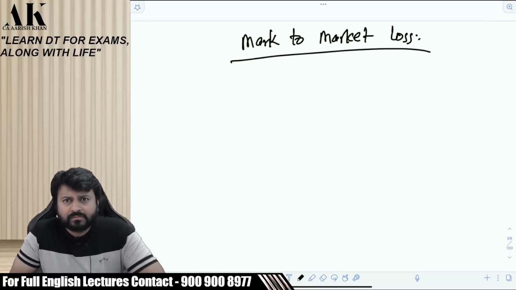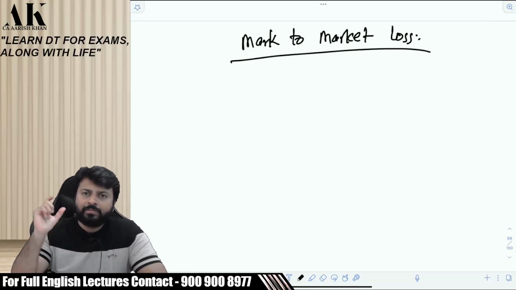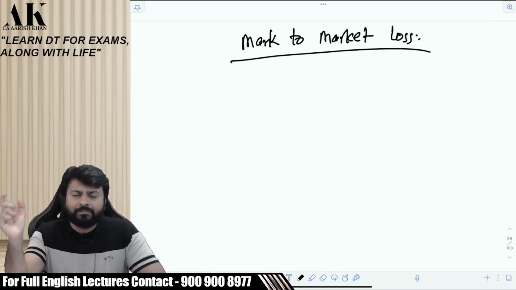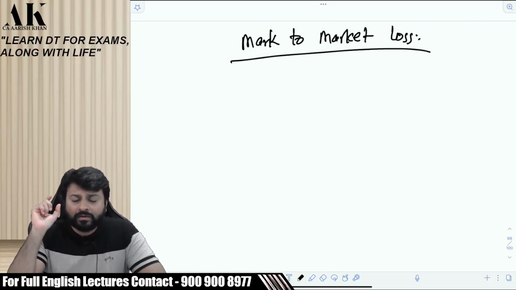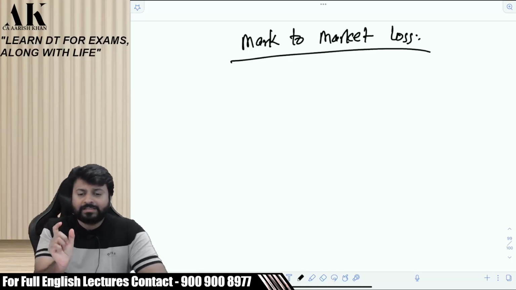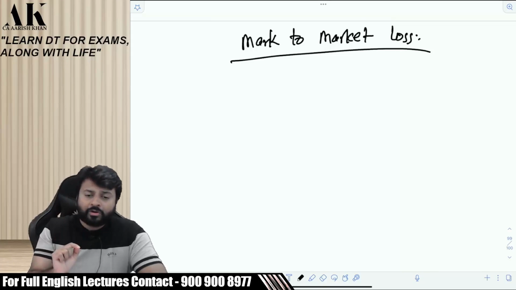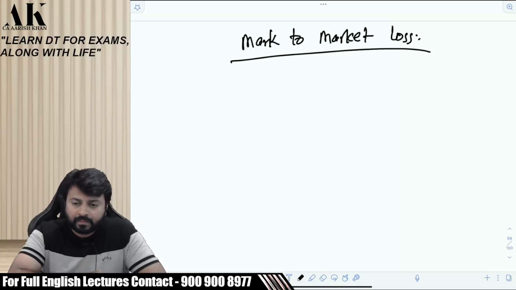So there is an accounting treatment which many big companies also follow. They mark their investments as per market every day. That is the reason for the name of this treatment: mark your investment as per market, on a regular basis, that is on a daily basis. Every day recognize gain or loss.